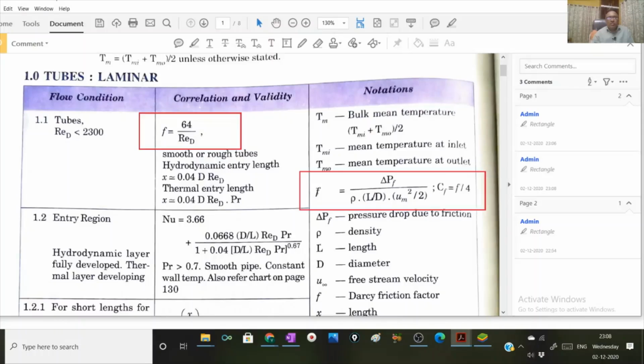The friction factor value we have just calculated. We know the value of rho, L, D and UM. So this way I can calculate the pressure drop.